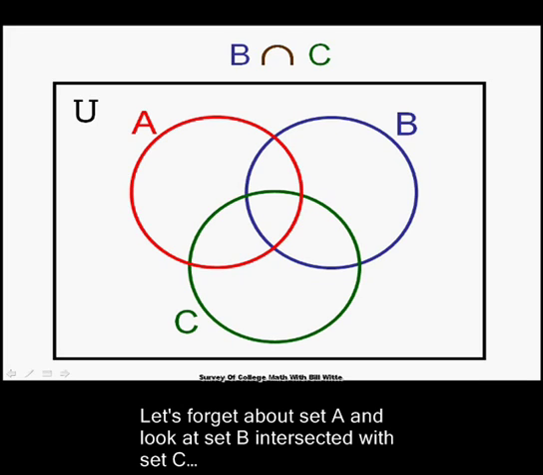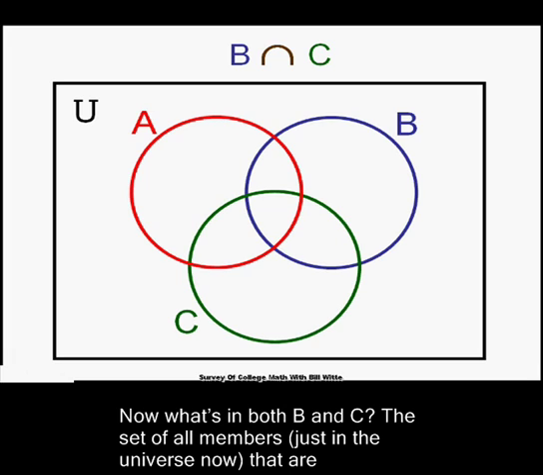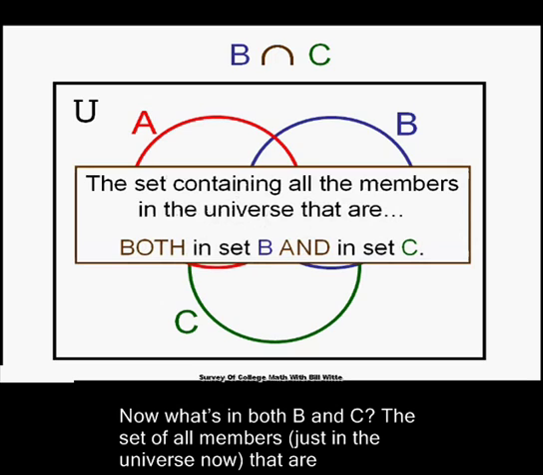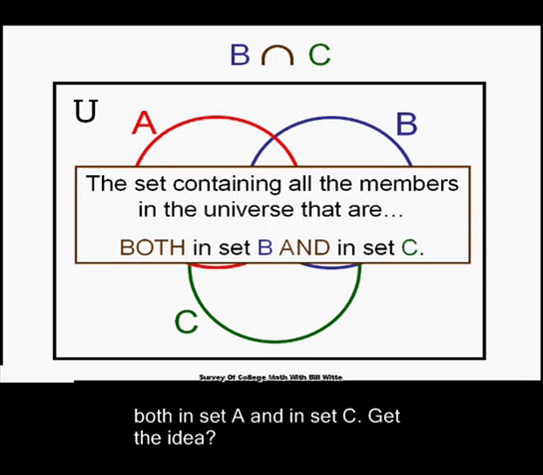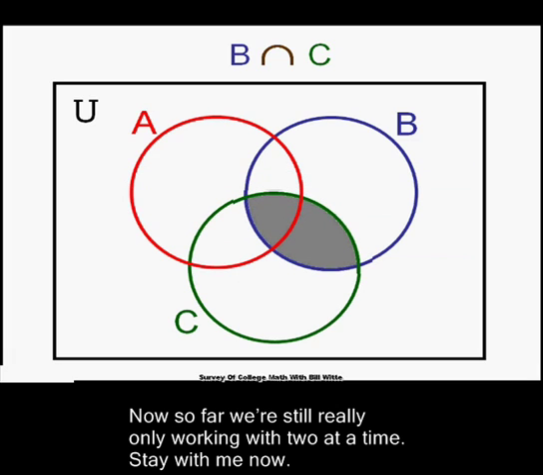Let's forget about A, and do B intersected with C. Just look at B, concentrate on B and C, and what's in both B and C? The set of all members, just in the universe now, that are both in set B and in set C. Get the idea? You say, well, you're still only working with two at a time.